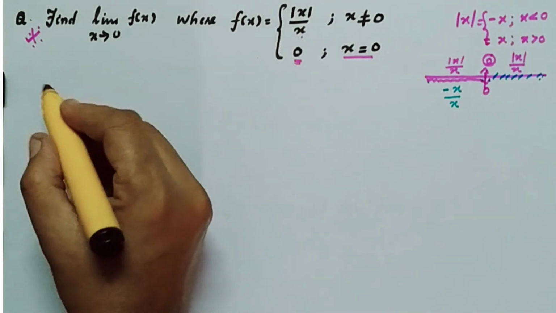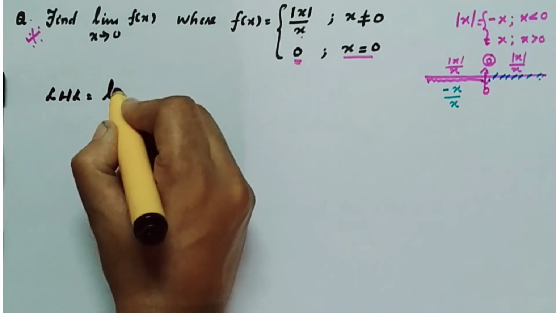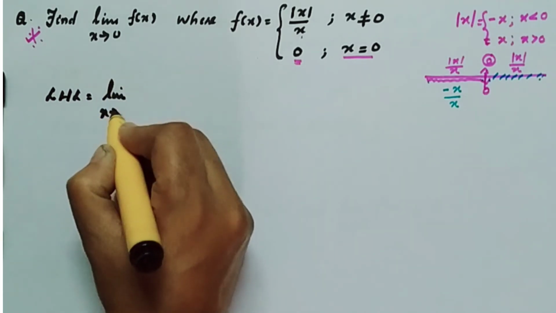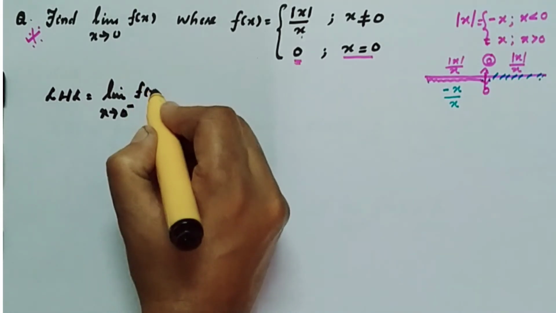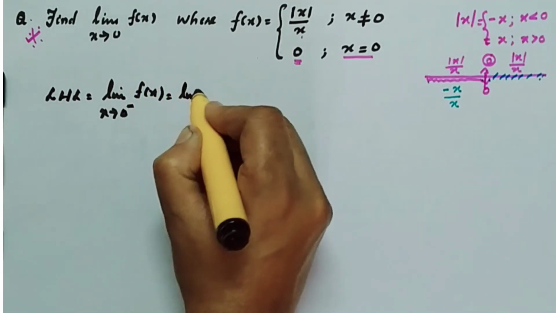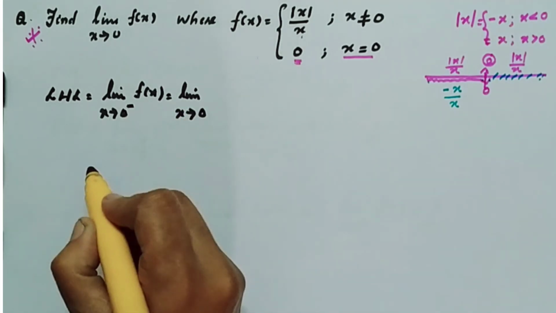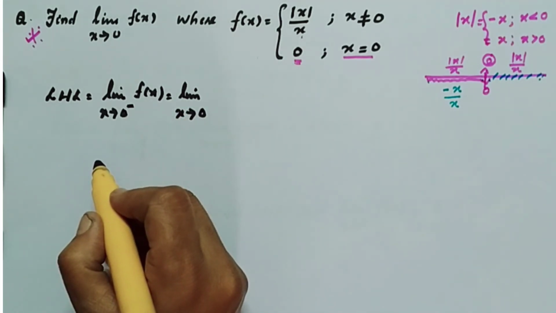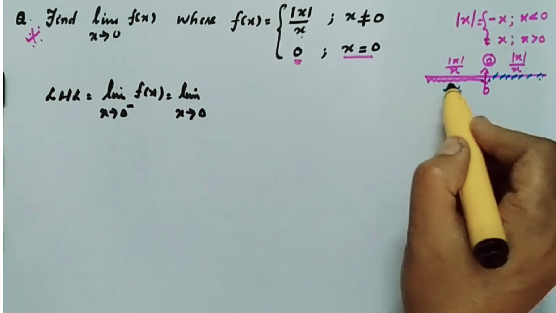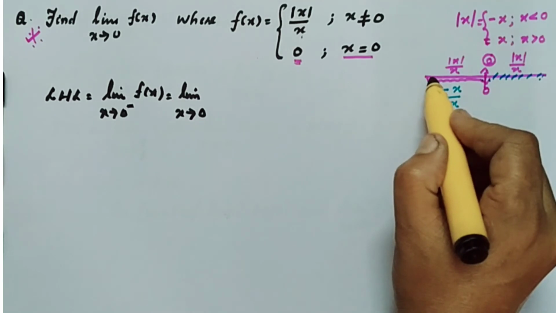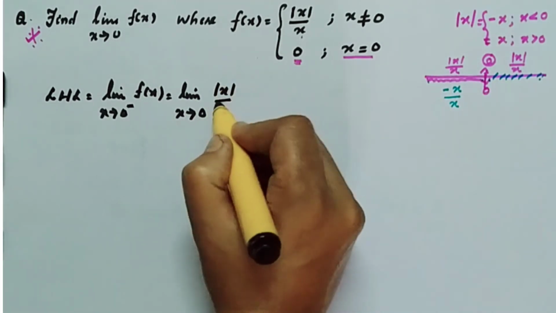I am going to find the left hand limit first. LHL equals limit x tends to 0 minus, approaching 0 from the left side, f(x). Limit x tends to 0 minus can be replaced as limit x tends to 0, but the value of the function when x tends to 0 minus, that is, the value of the function in the left part of 0, is mod x by x.